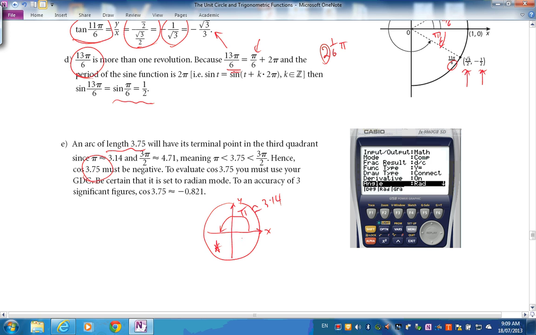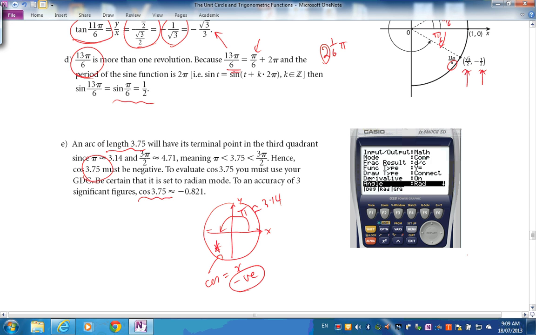So what we know is, here in this quadrant, the cosine is equal to the x value, which is negative. So if we go to the calculator and put it in, we can check that its value is negative.